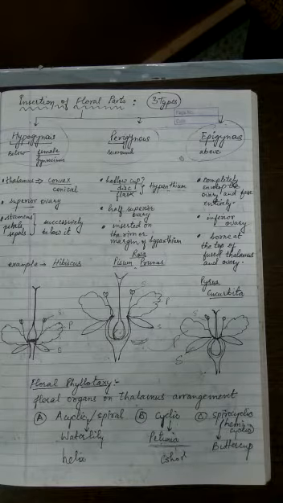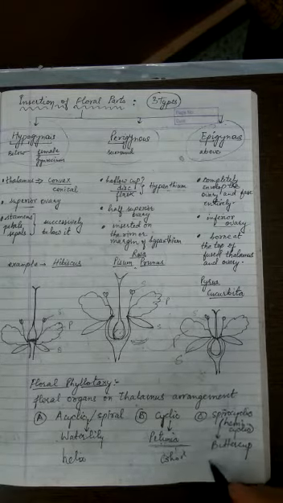Then the third category is spirocyclic form. In the spirocyclic form, some organs are arranged in the spiral manner and the other organs are arranged in whorls. So it is a mixture of both. That's why it is called spirocyclic type or hemicyclic type. Example, buttercup. Buttercup comes into the family Ranunculaceae.